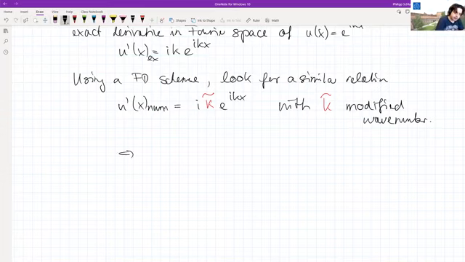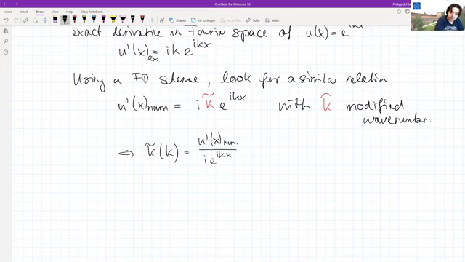And of course, now I can write an expression for this k tilde as a function of k, which would be simply u prime of x numerical divided by e to the ikx, something like that. So this is the definition of the modified wave number. Now, how can we use that?